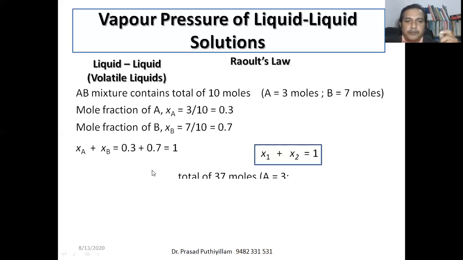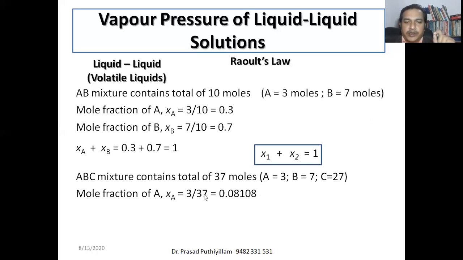I took another example, a ternary system, where 3 components are there. The ABC mixture contains a total of 37 moles, in which A is 3, B is 7, and C is 27 moles. Calculating the mole fraction of A, that is 3 upon 37, becomes 0.08.